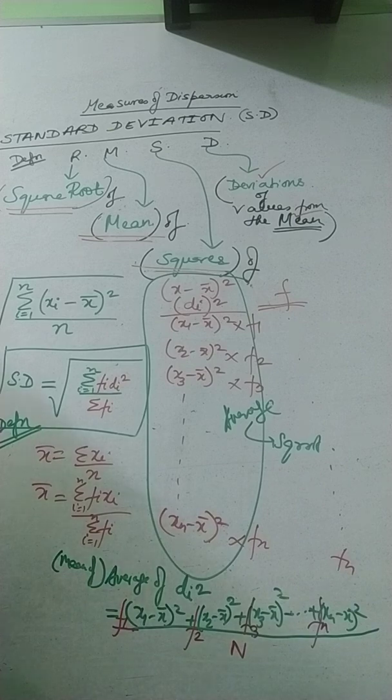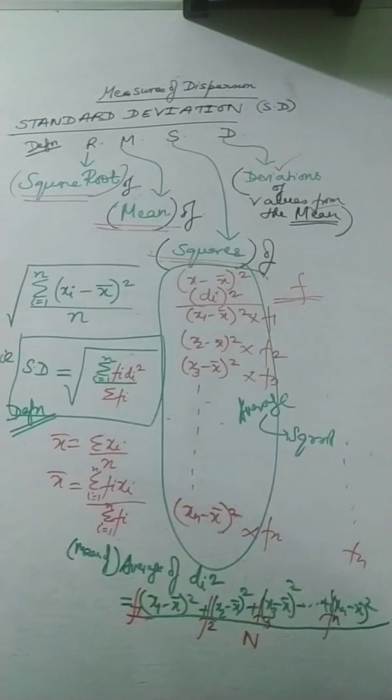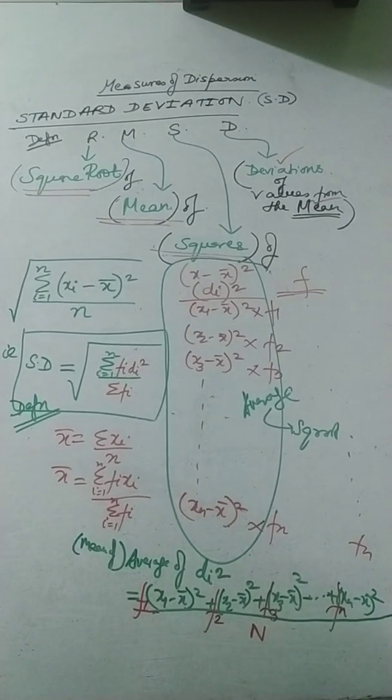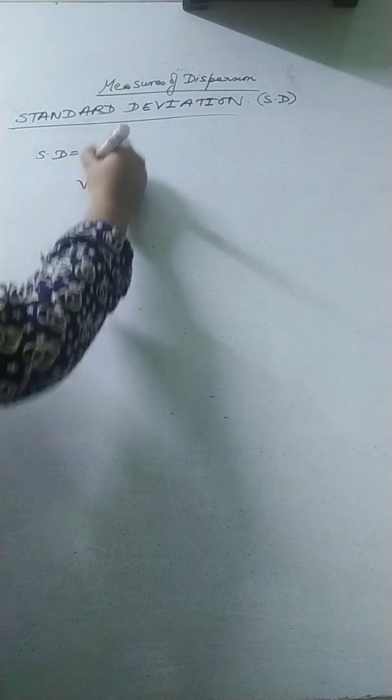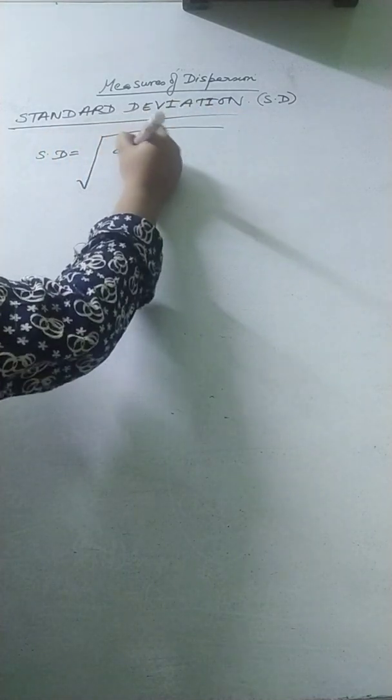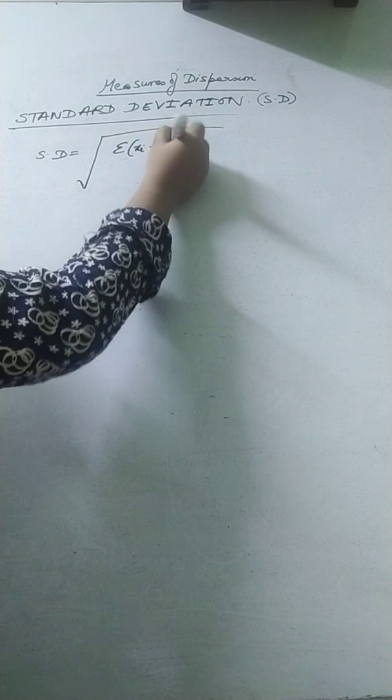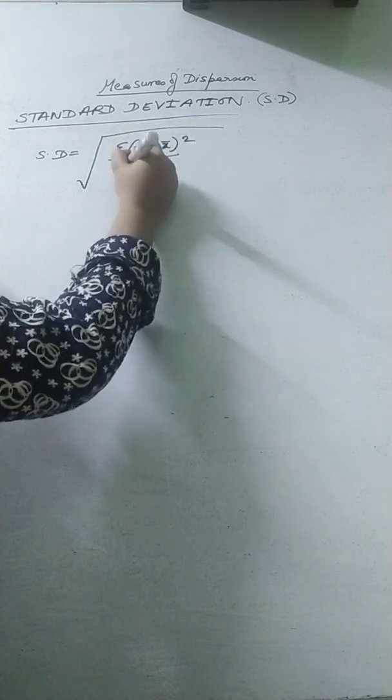So let us summarize this now. Let us write it neatly, because it's becoming very congested over here. It's looking untidy. So SD is basically equal to root over of summation xi minus x bar whole square by n.